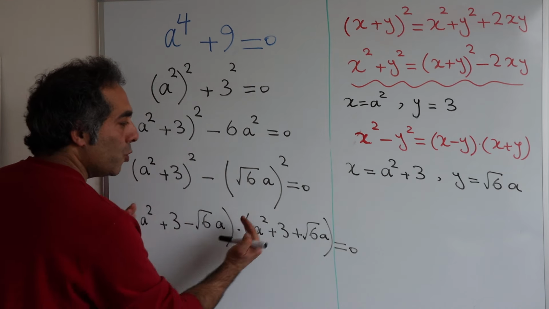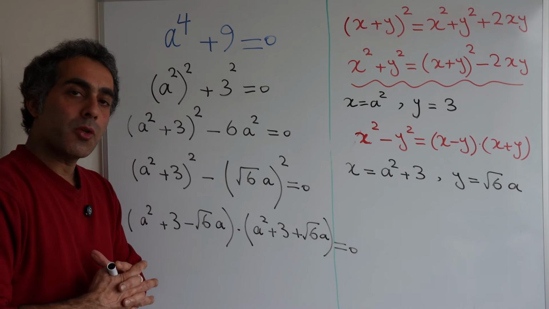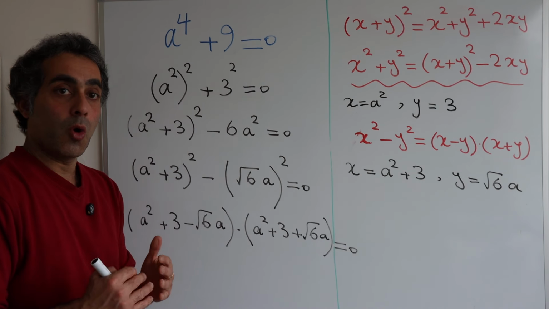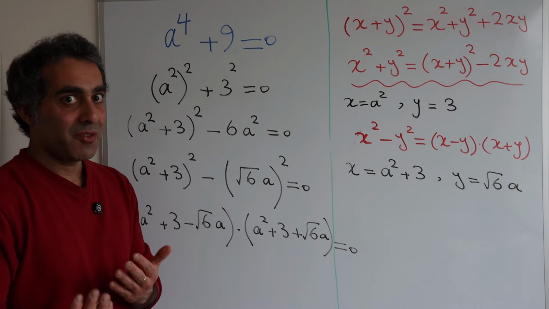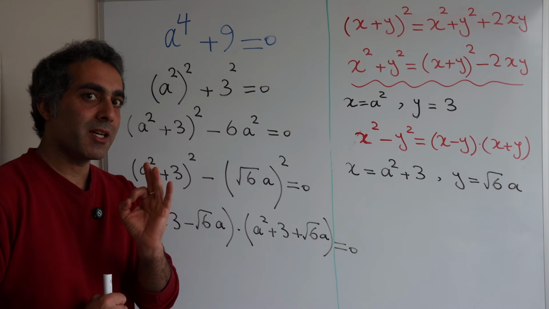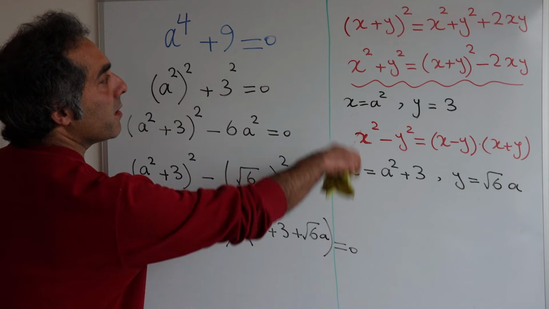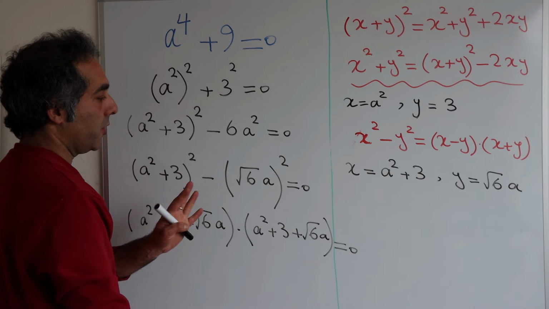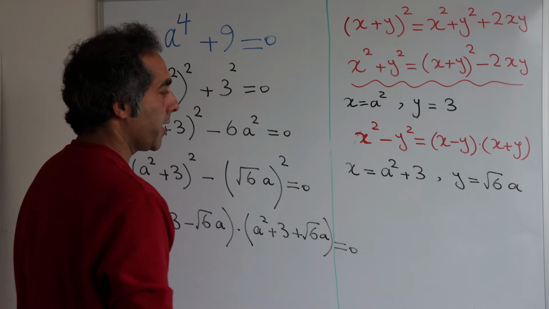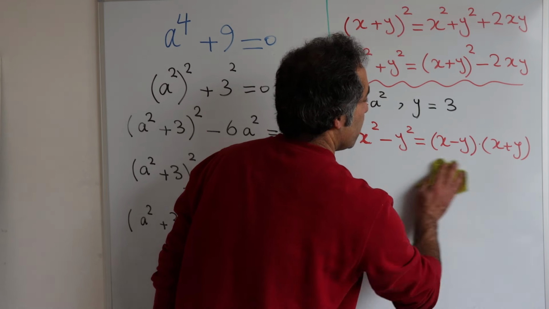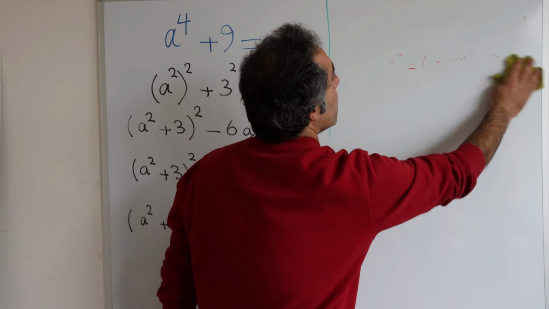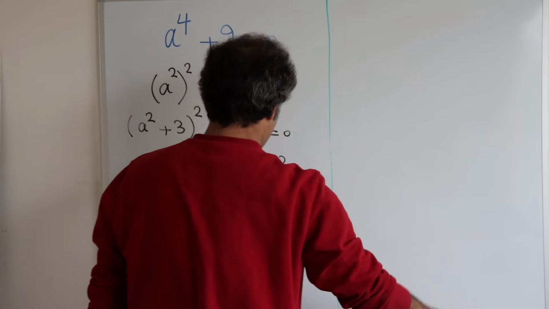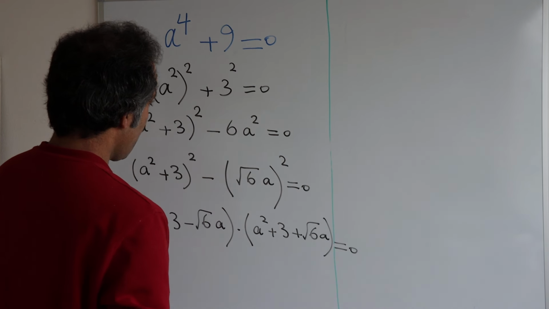So we have two parentheses times each other equals 0. So both of these parentheses should be 0, and we are very close to the final solution. We don't need this formula here. I can erase it, but keep in mind they are very important. I can erase everything, we don't have enough space here.